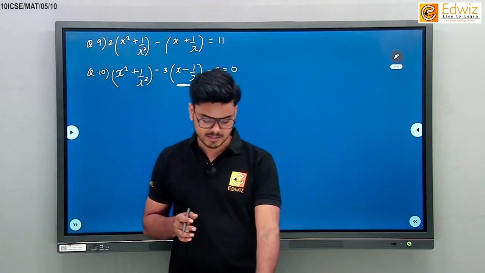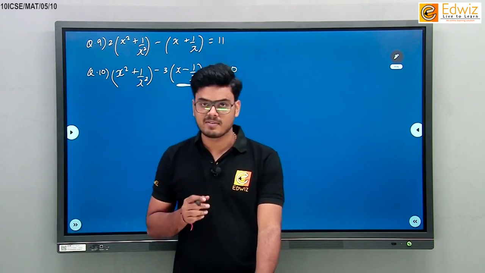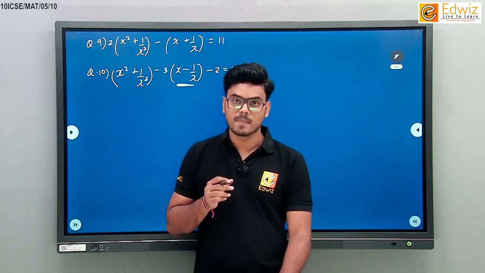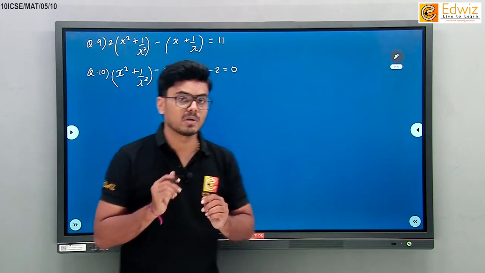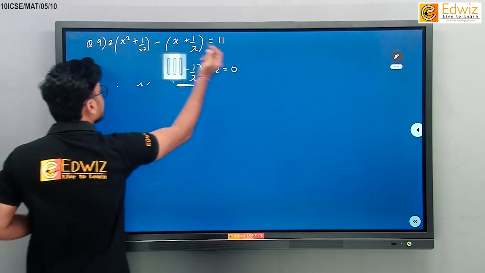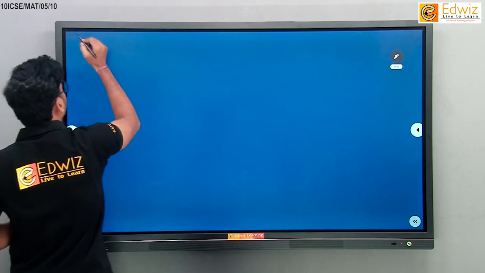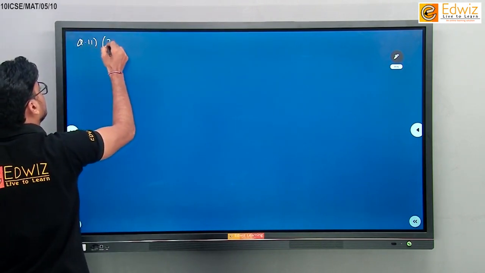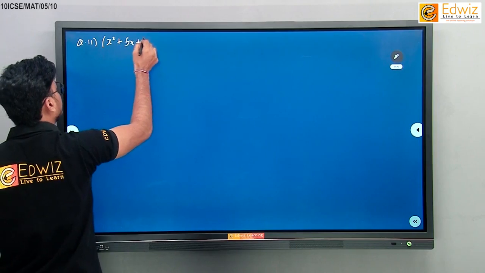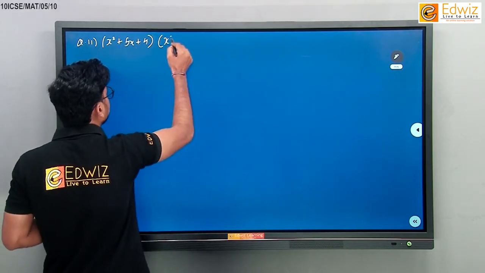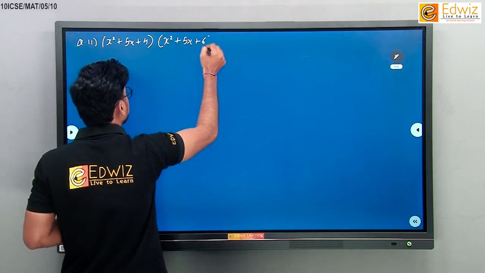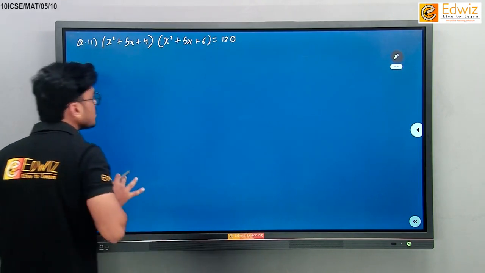The equation is (x square plus 5x plus 4) multiplied by (x square plus 5x plus 6) equal to 120. Question number 11. Now this is also a simple question.